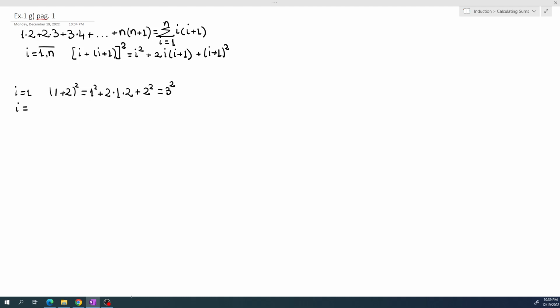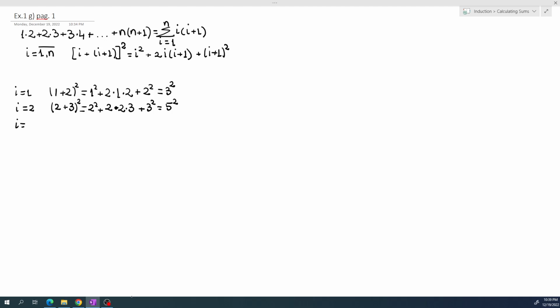For i equal 2, we have 2 plus 3 squared, which is equal with 2 squared plus 2 multiplied by 2 multiplied by 3 plus 3 squared, and this is equal with 5 squared.